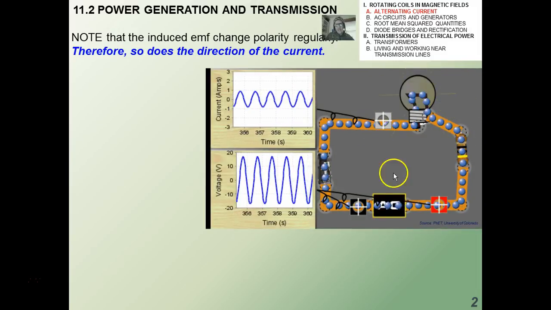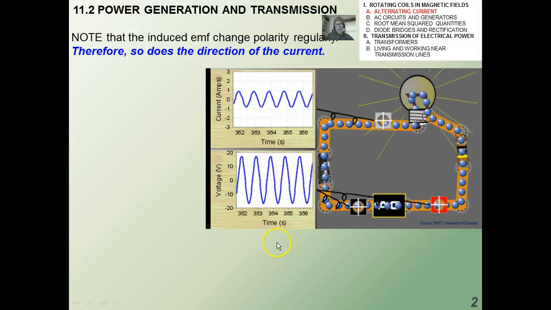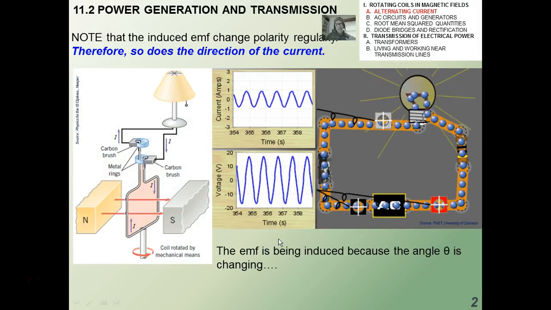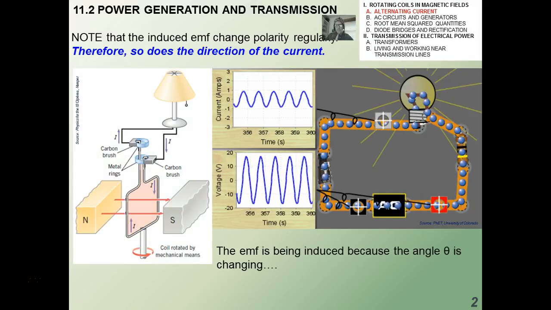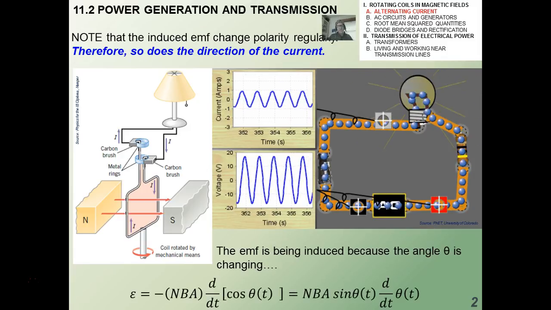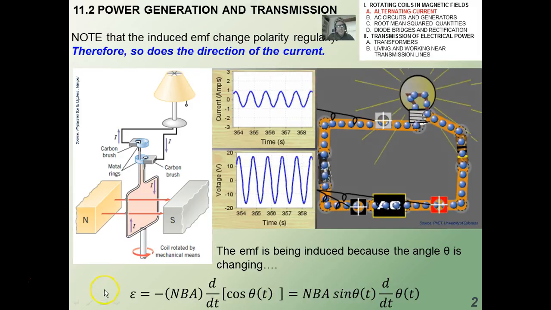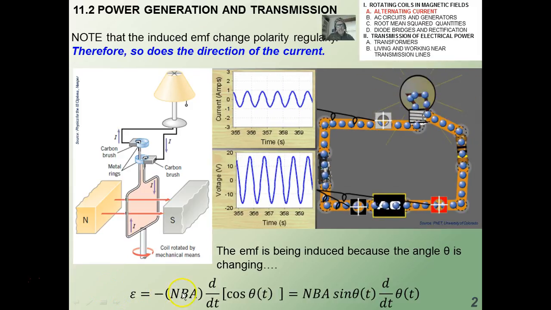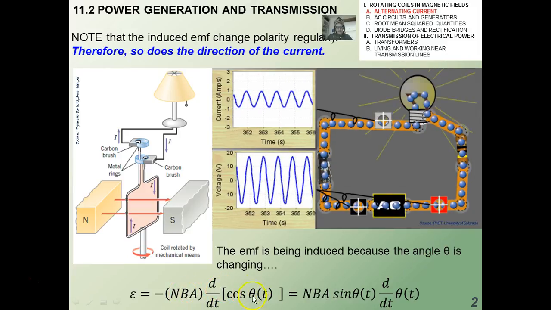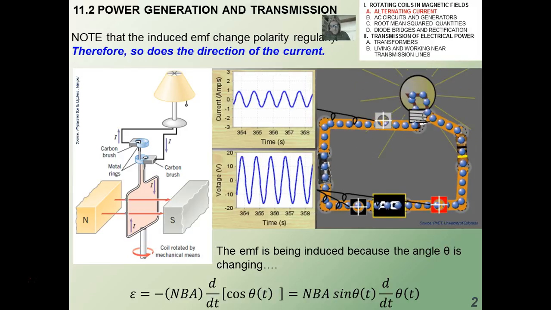Here I have a current against time graph, and a voltage against time graph. Both of these graphs are sinusoidal in nature. Again, the EMF is being induced because the angle theta is changing, and it's changing periodically. Remember Faraday's law: the induced EMF, epsilon, is negative N times B times A times the derivative of cosine of theta of t, because now we're considering this function theta of t.